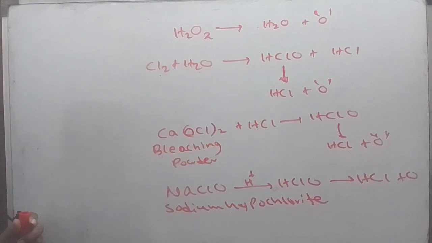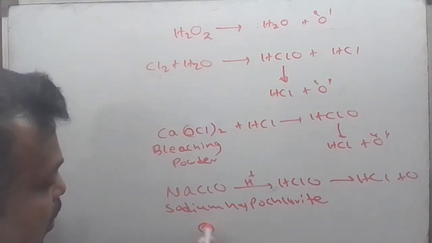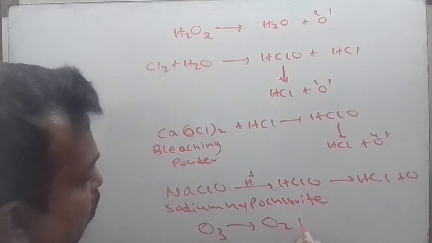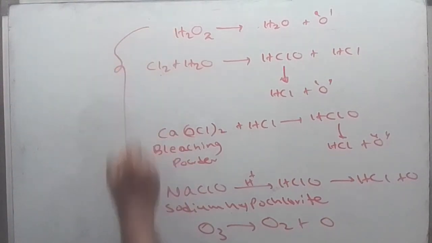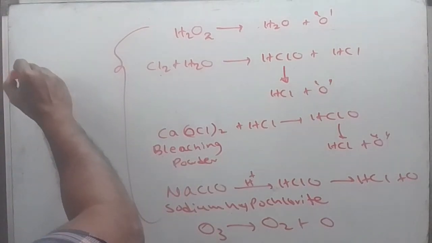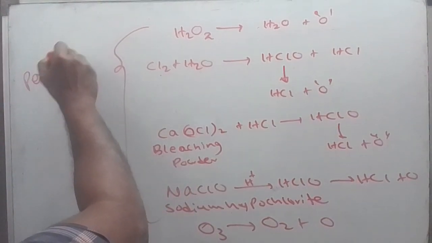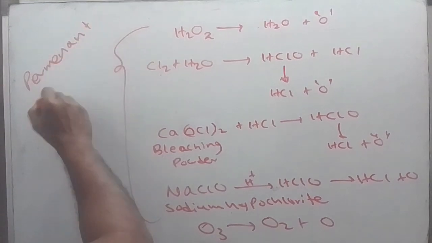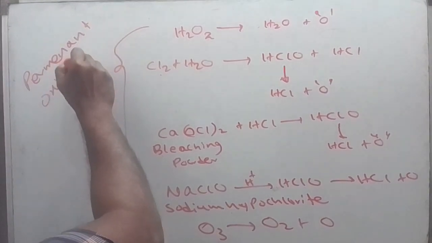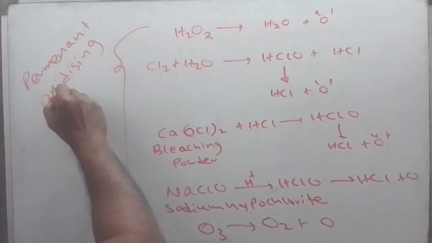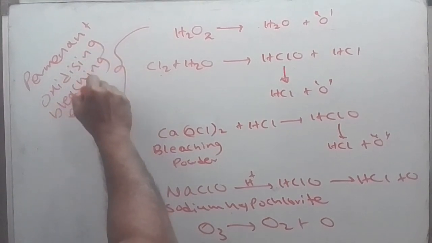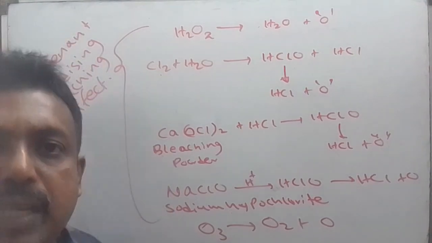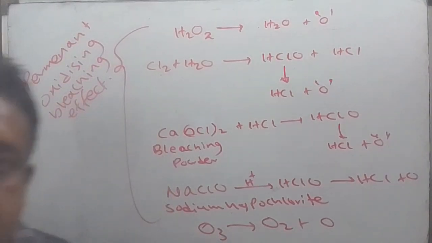And the next one would be ozone. Ozone directly breaks down to O2 and atomic oxygen. So, write these things in your concept book. These are permanent oxidizing bleaching effect.